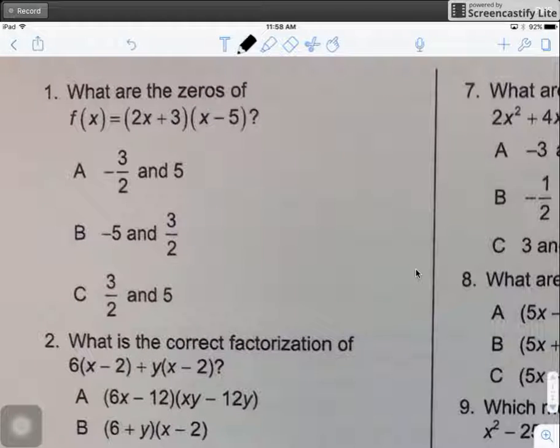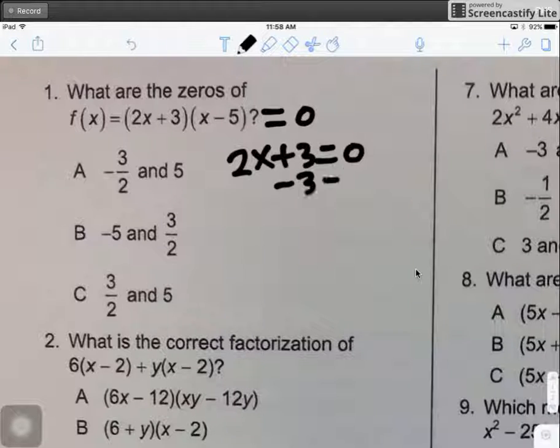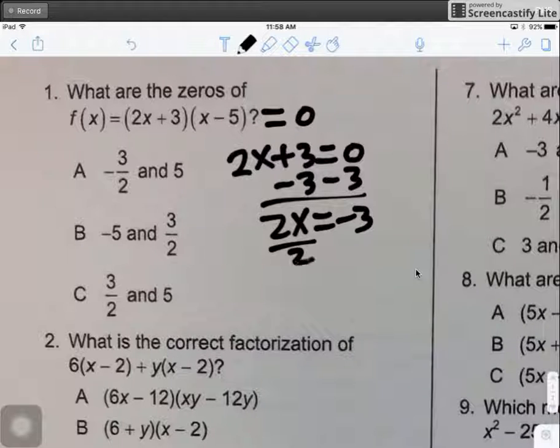Number 1, what are the zeros of this function? To get the zero, we must set it equal to 0, and therefore we have two expressions that can come out of it. 2x plus 3 equal to 0. To solve for x, we subtract 3, and we have 2x equals negative 3. Dividing by 2, we have x equals negative 3 over 2, and that's one of the zeros.